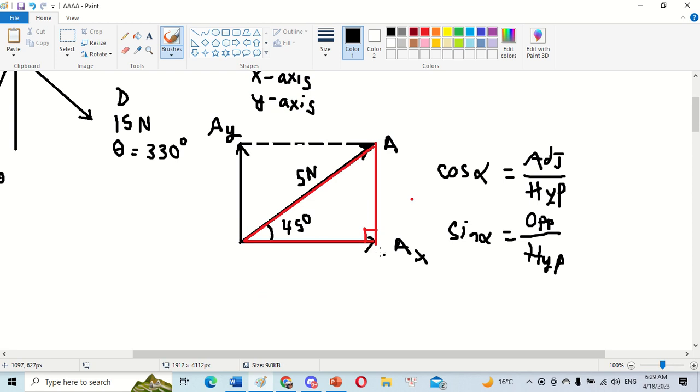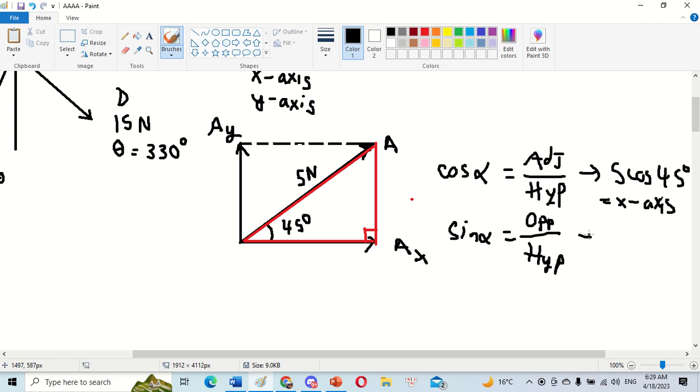If we want to find AX, that is adjacent, so we have 5 multiplied by cosine of 45 degrees, and this is the x-axis.